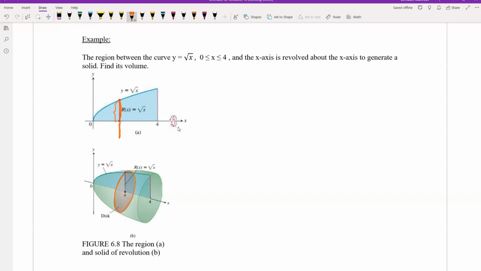Based on that we can find the volume. So we draw figures showing the region, the typical radius, and the generated solid.